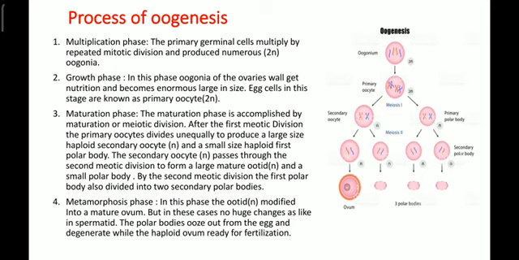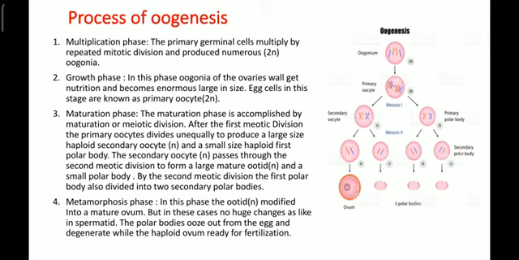This is the actual meiotic cell division. The maturation phase is accomplished by maturation or meiotic cell division. After the first meiotic division, the primary oocyte divides unequally to produce a large haploid secondary oocyte, which contains the haploid number of chromosomes, n, and a small haploid first polar body.